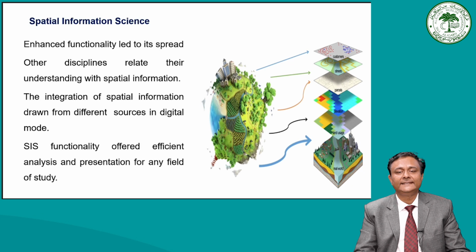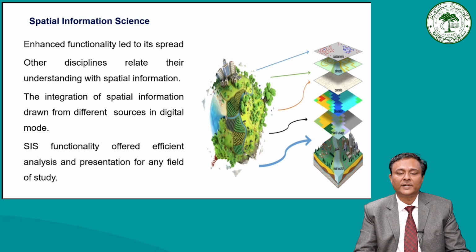This was all easy. I mean, the analysis part, the visualization part, or even manipulation part, because spatial information was now available in digital format. So all these processes were very convenient and easily being performed using the digital technology. So there are two things which were going on simultaneously.